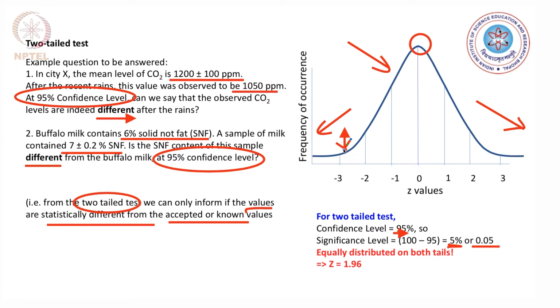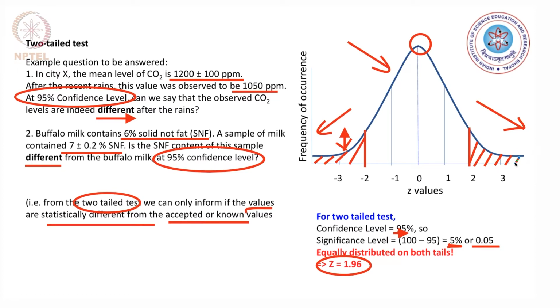Now, when that happens, essentially we are talking about a z value of plus minus 1.96. So, the region that I am going to highlight now, this whole region which has been highlighted with the red lines, is to be considered as the region of significance.